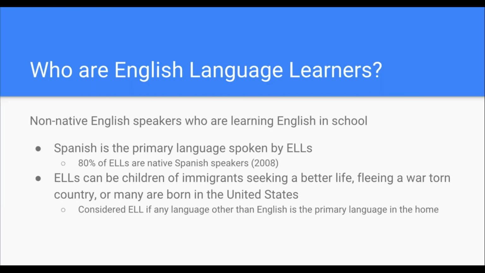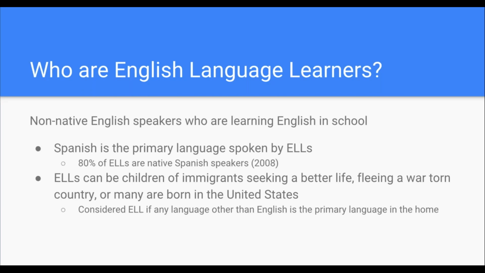So when a student registers at the school, there is a box on there that asks if there is another language primarily spoken in the home other than English. And if that box is checked, then they are considered an ELL. And we'll talk about in a little bit that there's different levels of ELLs, but they are first marked as an ELL, and then there's further evaluation done after that.